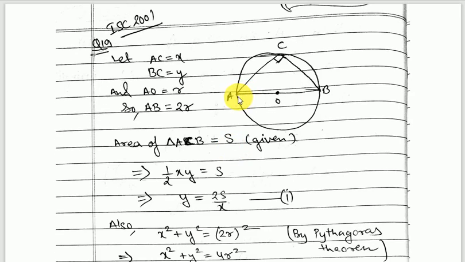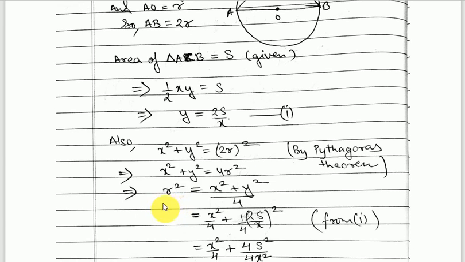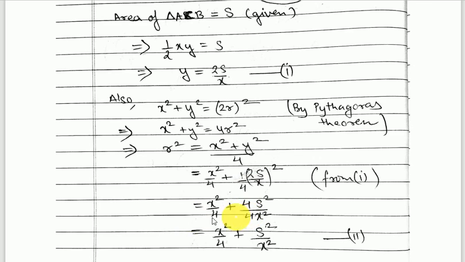Here r is the radius and AB is the hypotenuse. By Pythagoras theorem, x square plus y square equals 2r whole square. So we get r square equal to x square plus y square upon 4. Now in place of y I can write 2S upon x, so I get x square upon 4 plus S square upon x square.